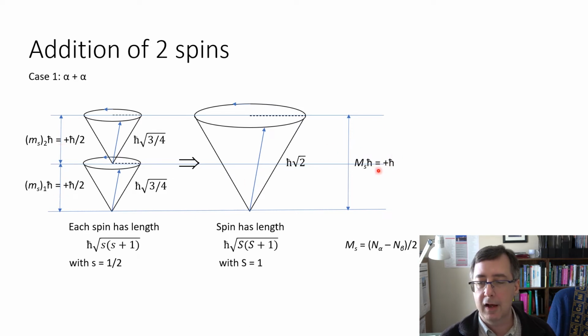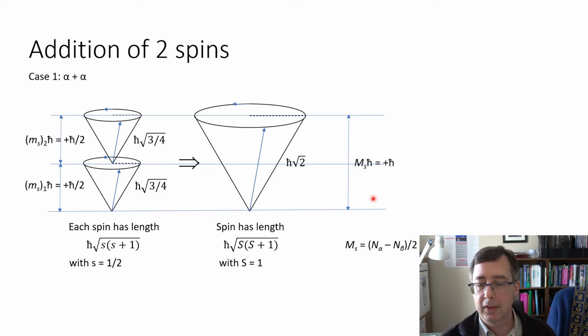And you can see that obviously if the projection equals this formula, m sub s times h bar, that works as long as m sub s is plus 1. And that fits the formula I gave you a minute ago. I said take the number of alpha electrons minus the number of beta electrons, divided by 2. So here there are 2 alpha electrons, and there are no beta electrons, so 2 minus 0 is 2, divided by 2 is 1, and so this formula matches that formula.